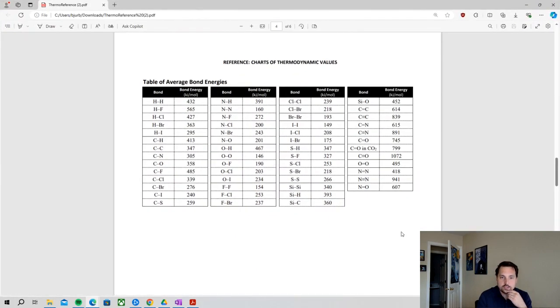But if we look at the NO bond, it's 201 for a single bond. And for N double bond O, it's the last one listed at 607. So 201 and 607, I'm going to write those down.